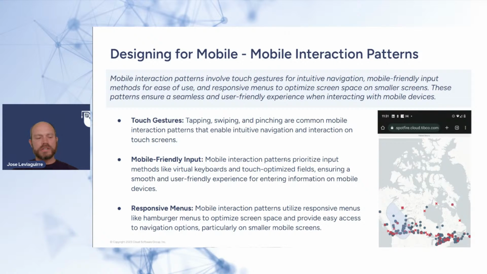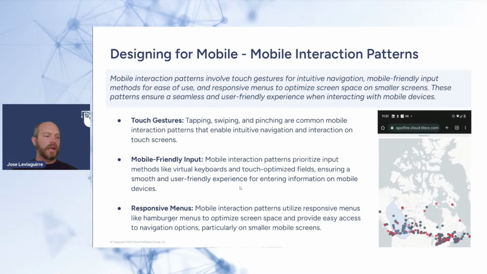In Spotfire, you will see it on a map right here. I can show you that if you're on a mobile device and you're marking something on a map, you press and hold the screen and then you start dragging, and that's how you can start selecting points. That's an example of a touch gesture.